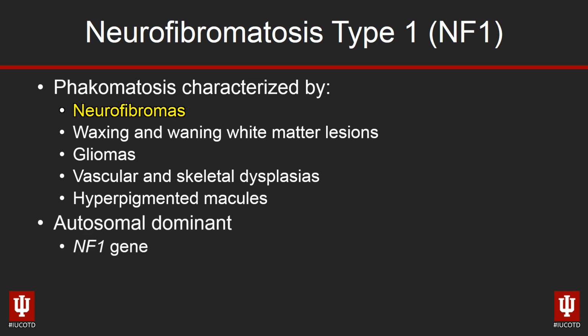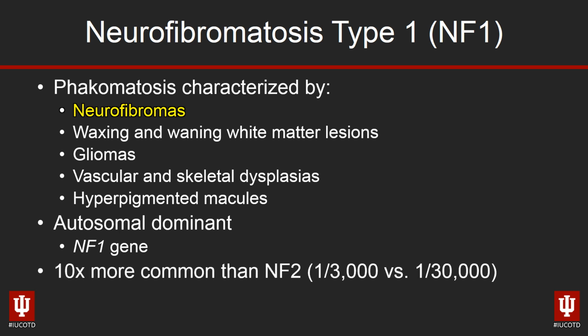This is caused by an autosomal dominant mutation of the NF1 gene, and it's much more common than its cousin neurofibromatosis type 2. Now, I use the term cousin loosely because, truth be told, they're really nothing alike. The tumors are completely different, but they're considered within this category of phacomatoses as both being neurofibromatosis.